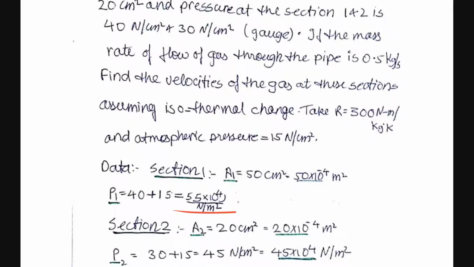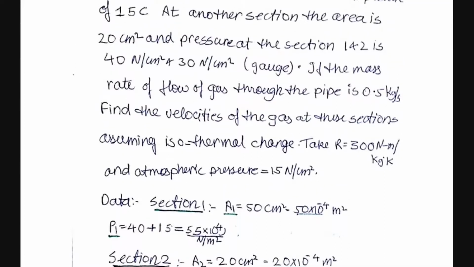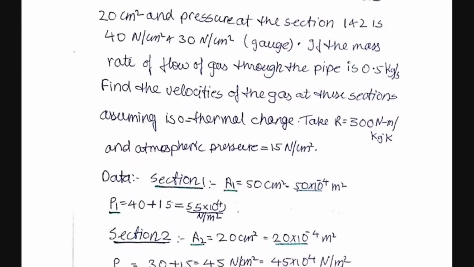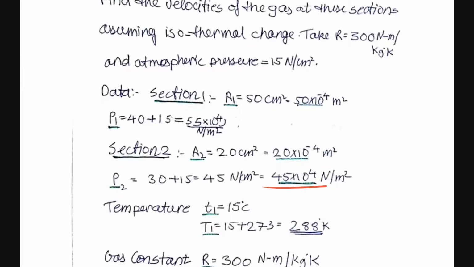Similarly, at section 2, the area is 20 centimeter square, converted in the same way. The total pressure P2 is the gauge pressure plus the atmospheric pressure, which is 30 plus 15, so we get 45.